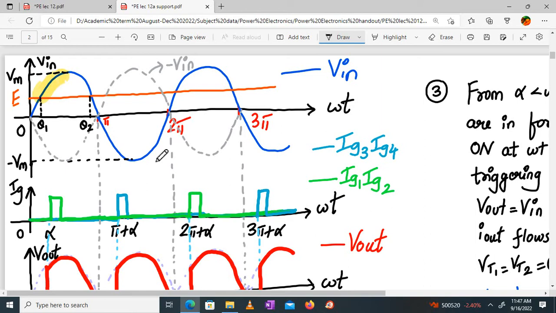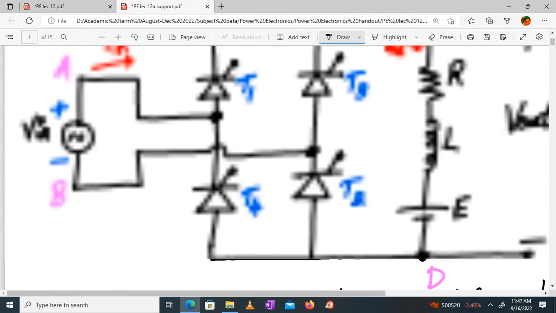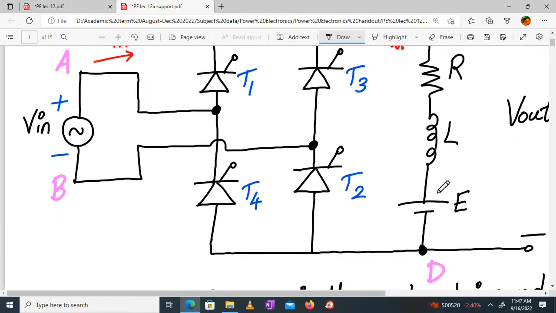Now alpha comes. Which SCRs are on? T1 and T2 are on. So whenever T1 and T2 are on, we know the current path direction remains in this direction: A, T1, then we have C, the RLE load, D, T2 back to B. This is the current flow.